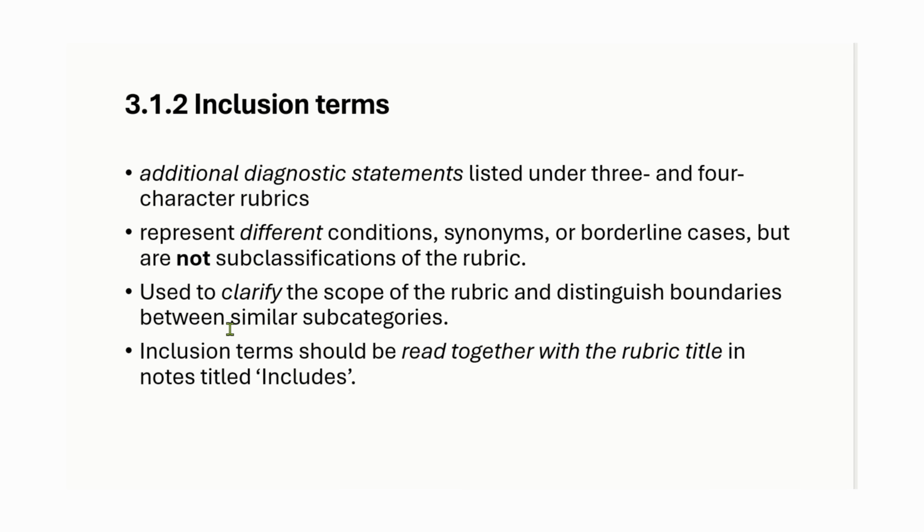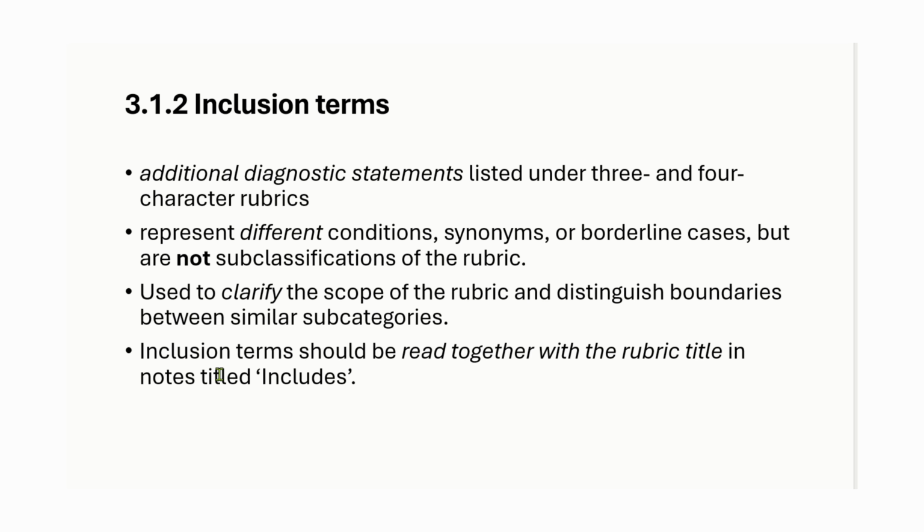Now, we start with inclusion terms. These are additional diagnostic statements listed under 3 or 4 character rubrics. These represent different conditions, synonyms, or borderline cases, but are not a sub-classification of the rubric.